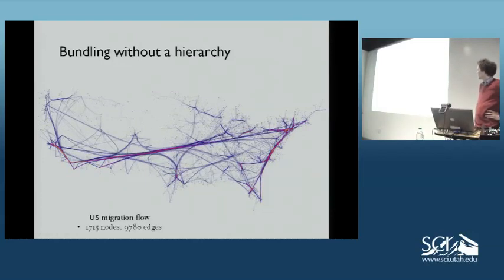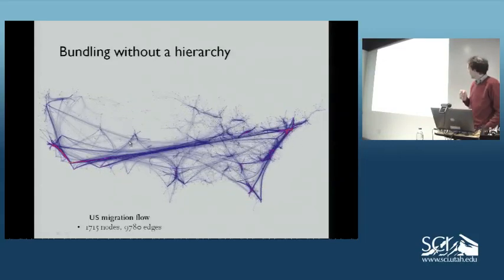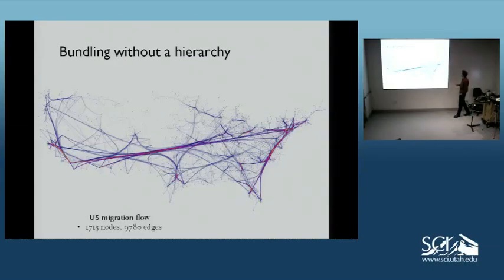We model all the edges as long springs that attract each other. If the springs are close, they attract, and in the end that leads to this kind of patterns. This is demography data from the US showing migration.